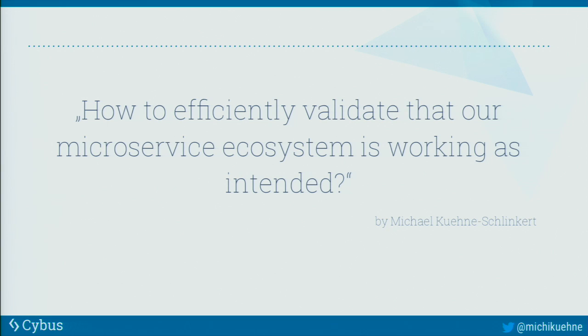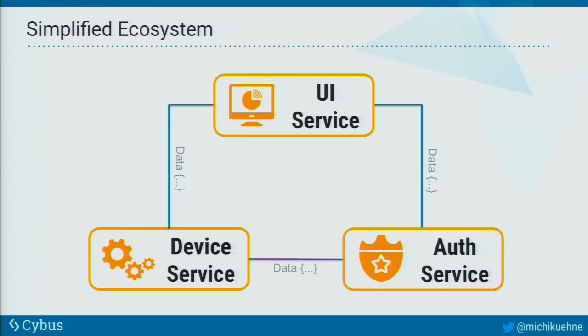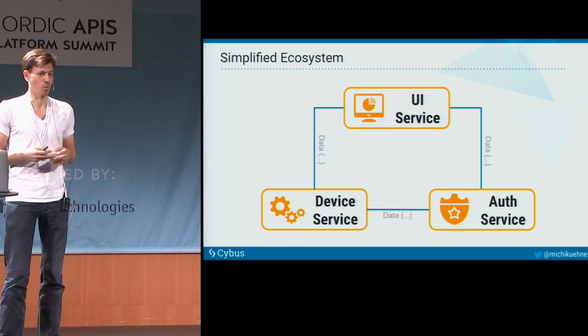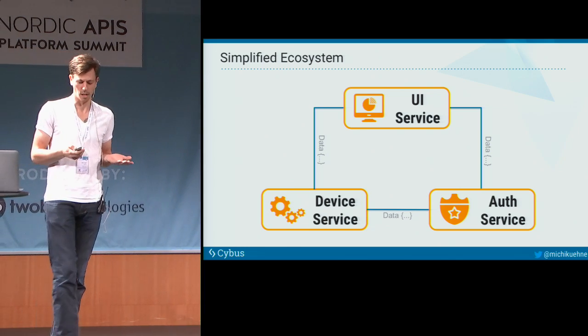Let's look at the ecosystem. That's a pretty simplified one, inspired by our application. So we have 3 services. They all talk to each other, non-isolated services, and if we have these kinds of services, where should we test? Where should we start?